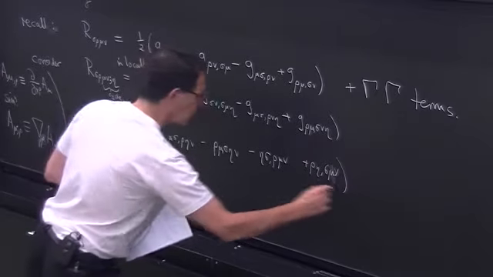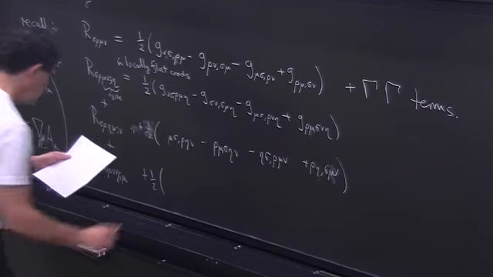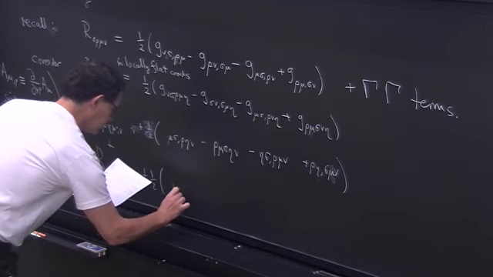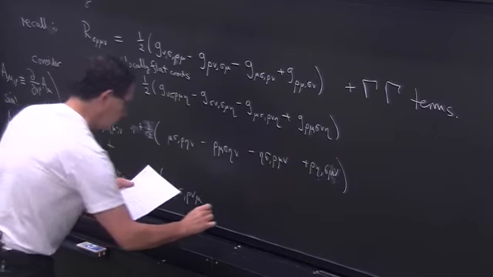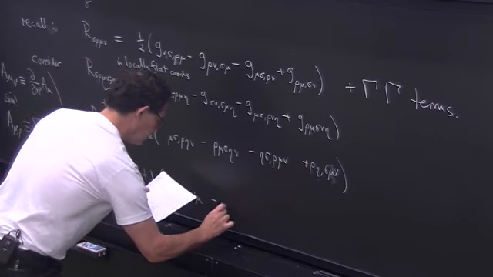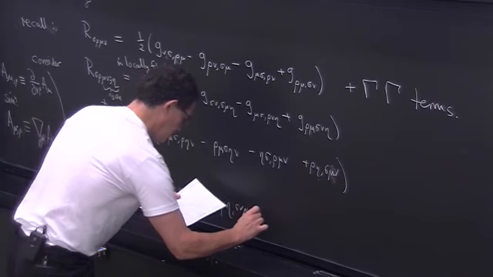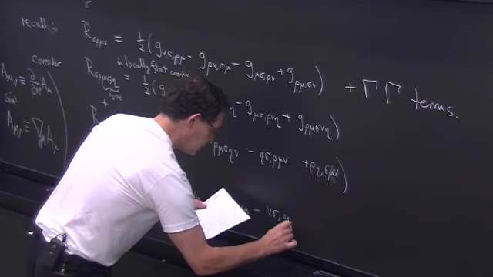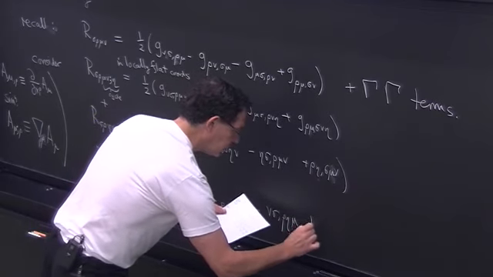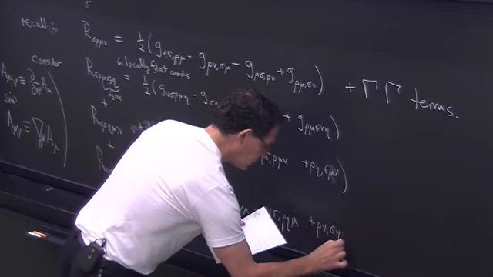Okay. And then we have plus a half eta sigma rho nu mu minus rho eta sigma nu mu minus nu sigma rho eta mu plus rho nu sigma eta mu.